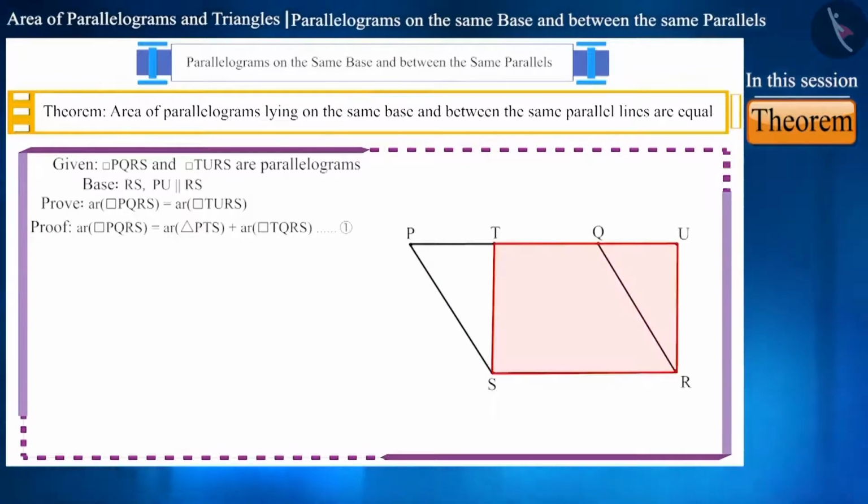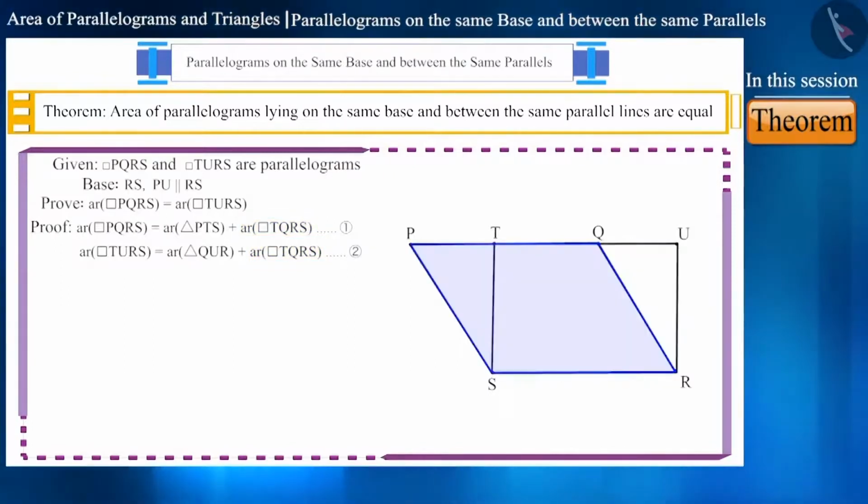Let us call it equation 1. Similarly, parallelogram TURS is made up of triangle QUR and quadrilateral TQRS combined together. So, quadrilateral TURS is equal to triangle QUR plus quadrilateral TQRS. Let us call it equation 2. In equations 1 and 2, we can see that quadrilateral TQRS is common.